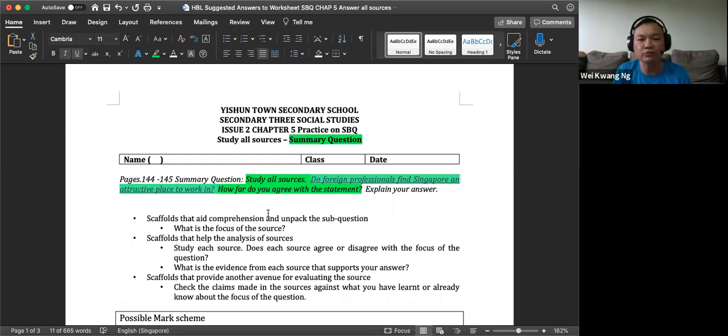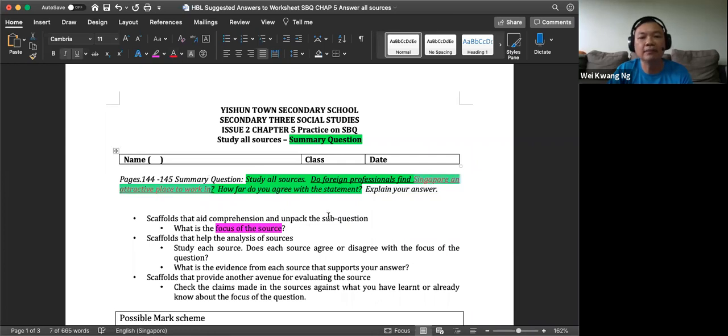And what are you supposed to do? The first thing that you need to do is check what we call the focus of the question. This is actually found on the last page of your worksheet. In this particular question, they want you to check whether Singapore is an attractive place to stay or not.